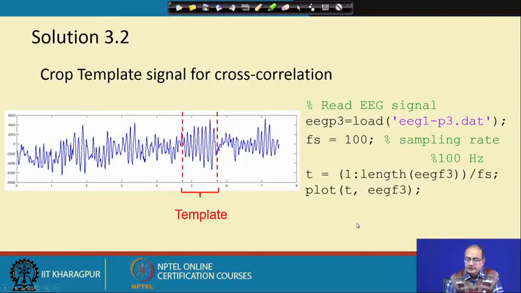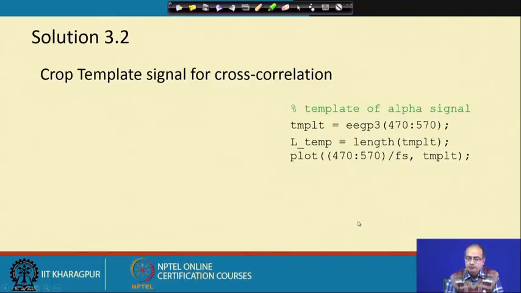This segment is selected. We check and find that this template is actually between samples 470 to 570, 101 samples in the EEG_P3 signal. So, that we are taking as the template. Okay. So, variable length of the template is taken.